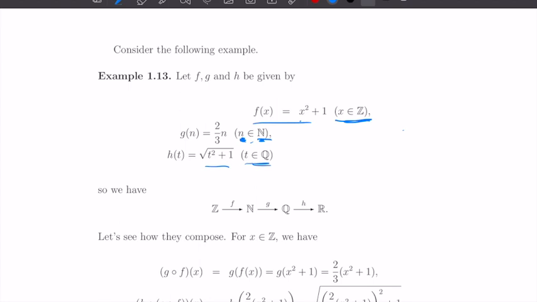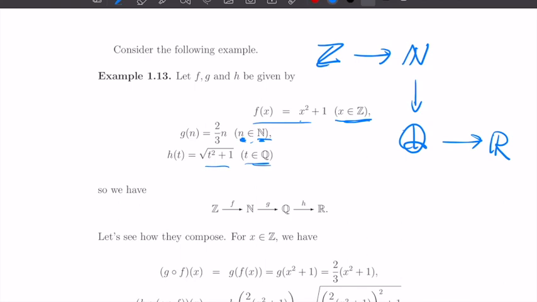So here we have integers to natural numbers to rational numbers to real numbers, with f, g, and h.